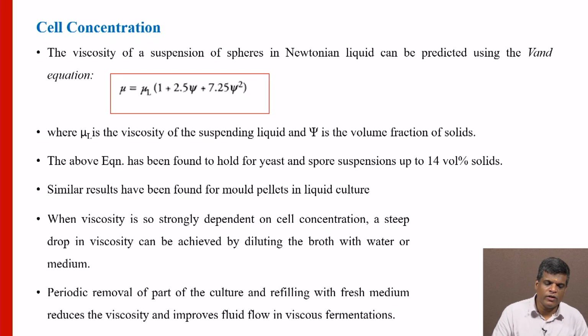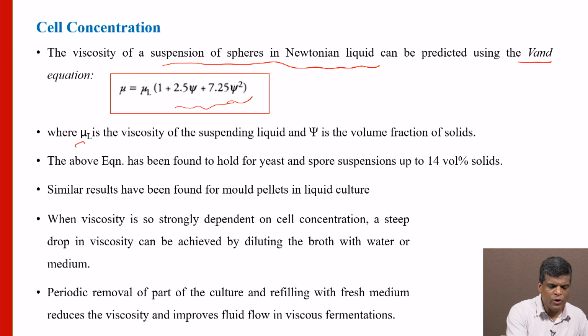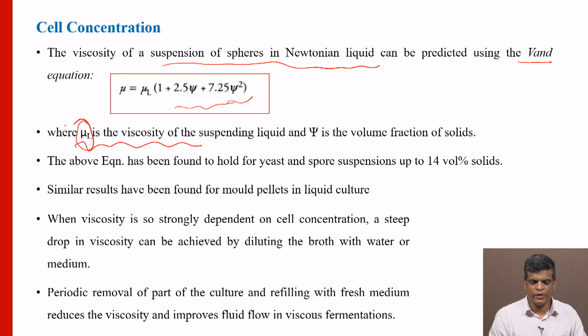We will discuss them one by one. First the cell concentration: for suspensions of Newtonian liquids, the Vand equation is mu equal to mu L times (1 plus 2.5 phi plus 7.25 phi squared). Here mu L is the viscosity of the suspending liquid, and phi is the volume fraction of solids.